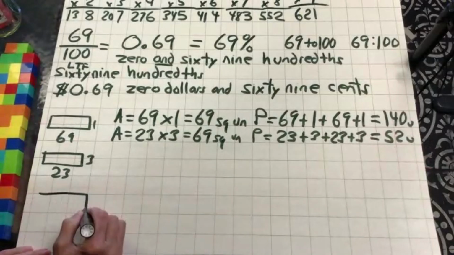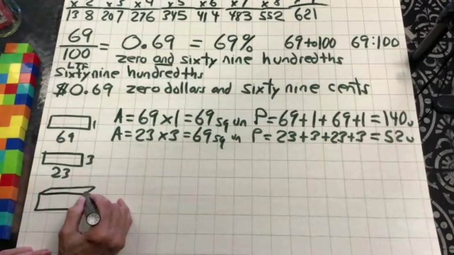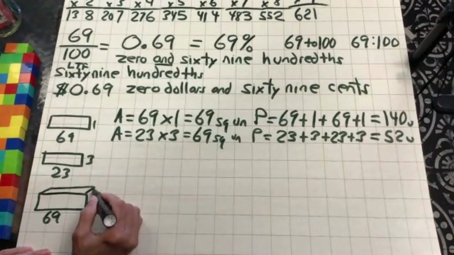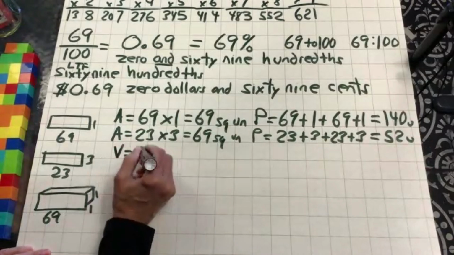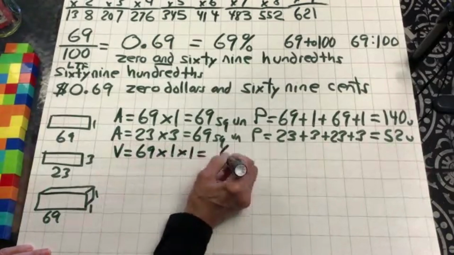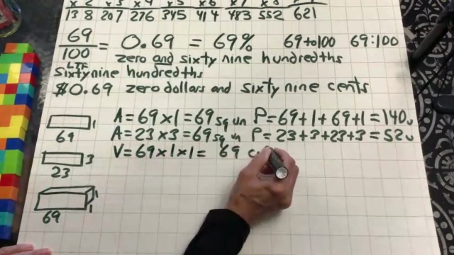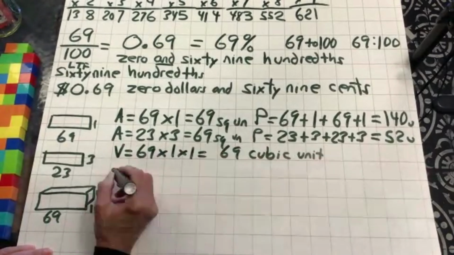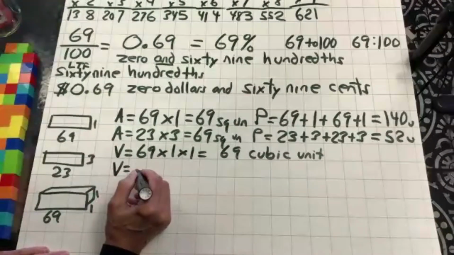So our first volume I'm going to draw here is a 69 wide by 1 deep by 1 tall. So that would look like this: 69 times 1 equals 69 cubic units. And we're going to write that again in a different way.